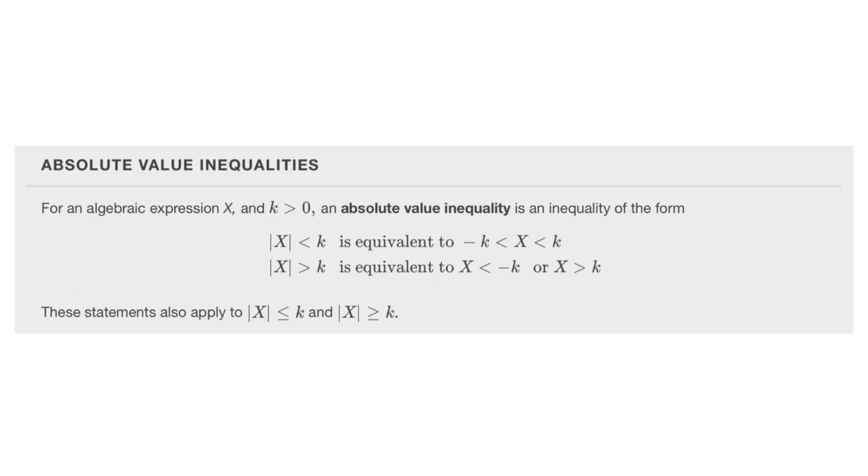If you have an absolute value larger than a positive, then you have to break it apart. The expression is greater than k, or the expression is, you flip and flip, less than negative k. All right, okay, this is fine.